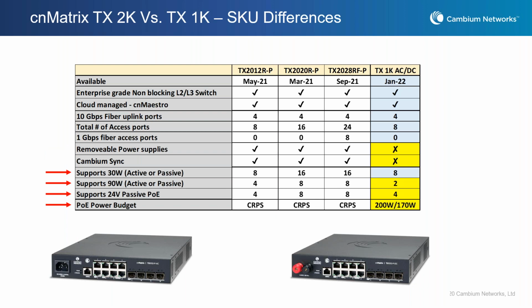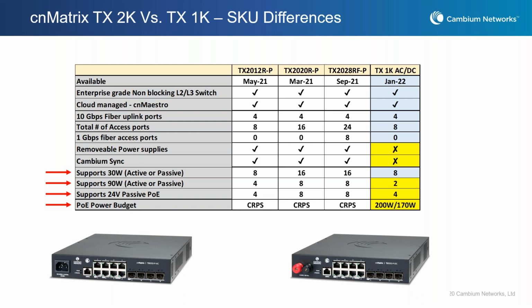On the TX2K, we support either 4 or 8 ports that can give you up to 90 watts. On the TX1K, it supports up to 2 ports of 90 watts of power. And on the passive PoE, again, on the TX1K, we support 4 ports. On the TX2K, we support up to 8 ports, depending on which model you buy.